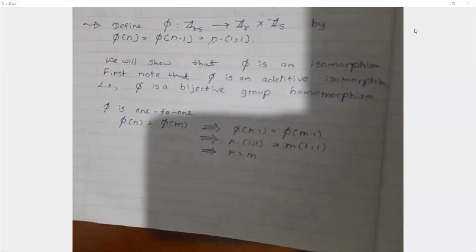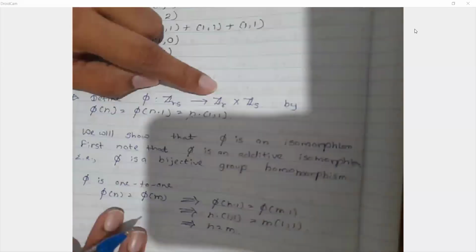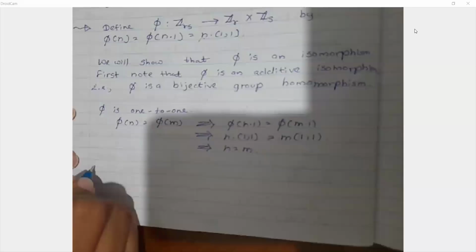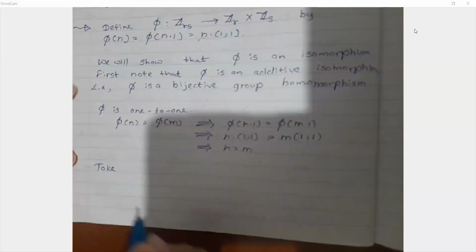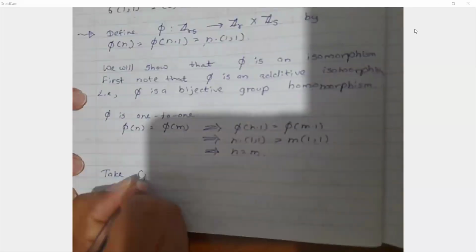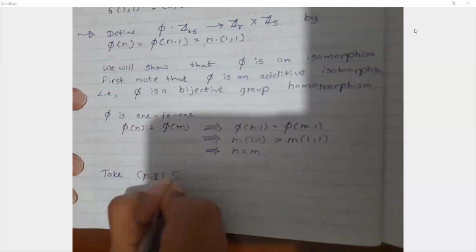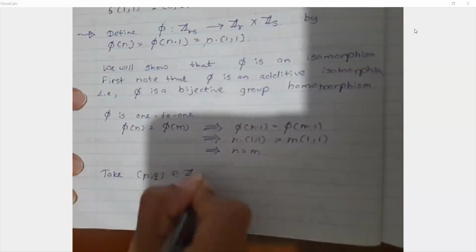Now, in order to show that it's onto, let's take any value from Z_R cross Z_S. Let's take (p, q), this ordered pair from this direct product.